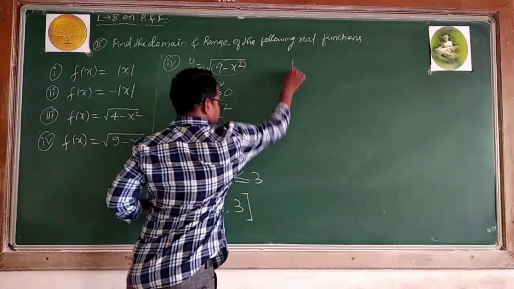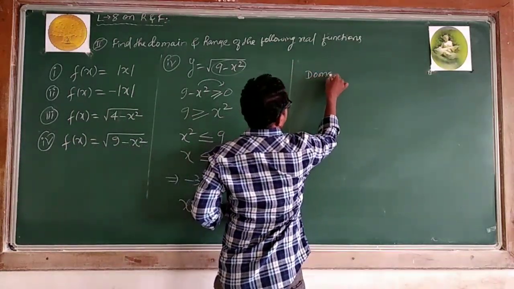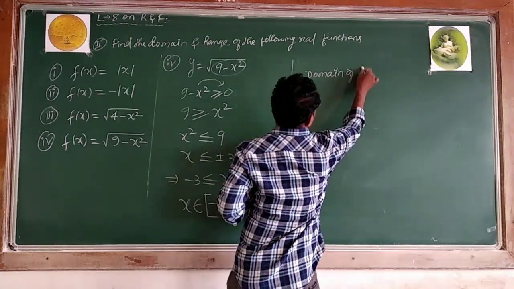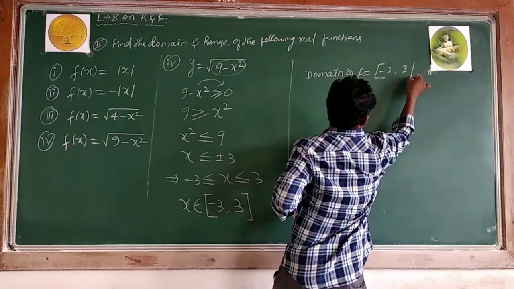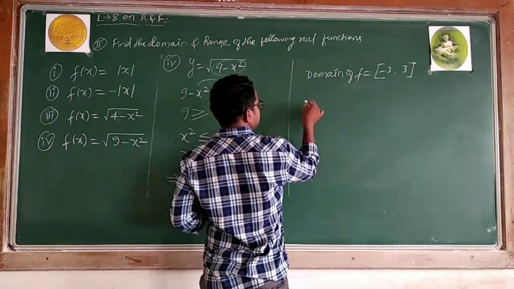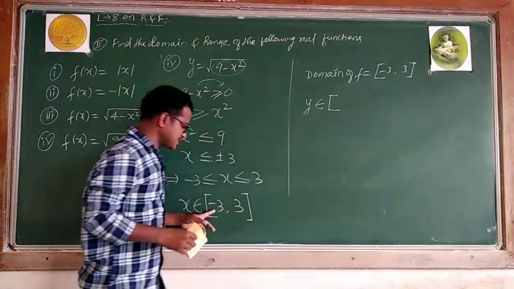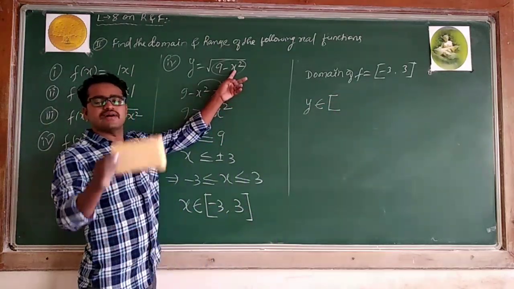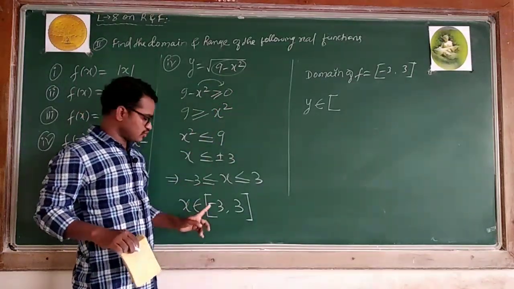So the domain of f is −3 to +3. What is the range? Range means the y value. When you take −3, squared gives 9 minus 9, which is 0. Plus 3 squared gives 9 minus 9, which is 0. So you will get 0 to 3.